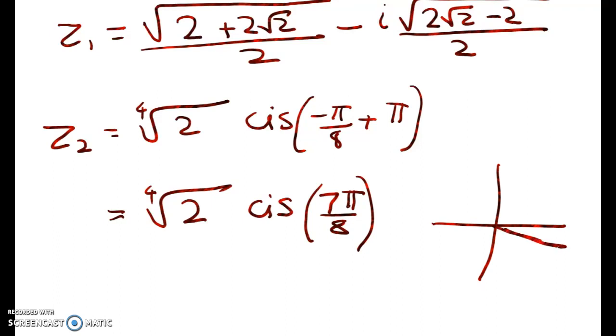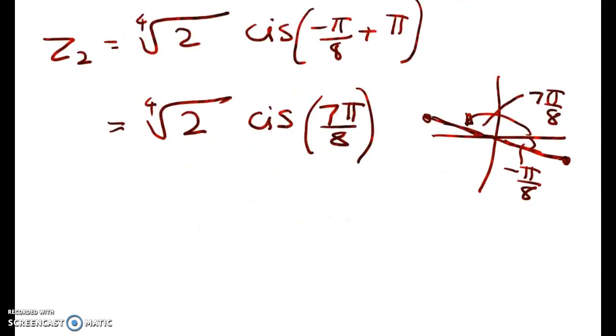The first one was negative pi on 8, and the second one is with pi added on. So that's 7 pi on 8. But we can see that those a and b values are just going to have the opposite signs to each other, positive and negative value.